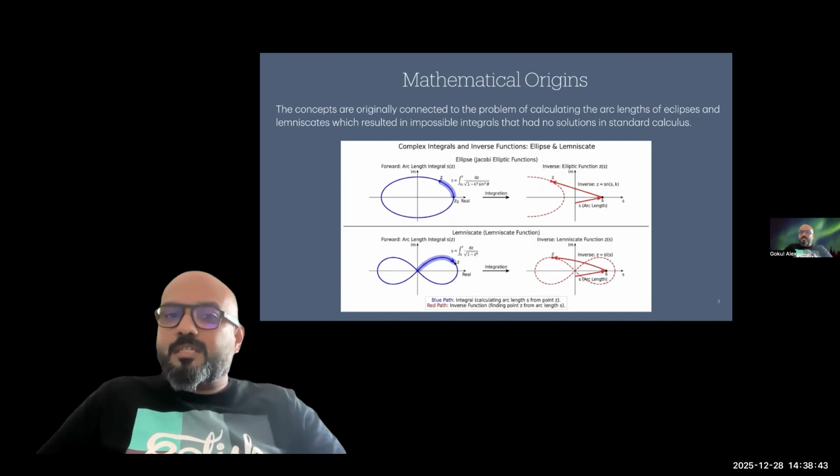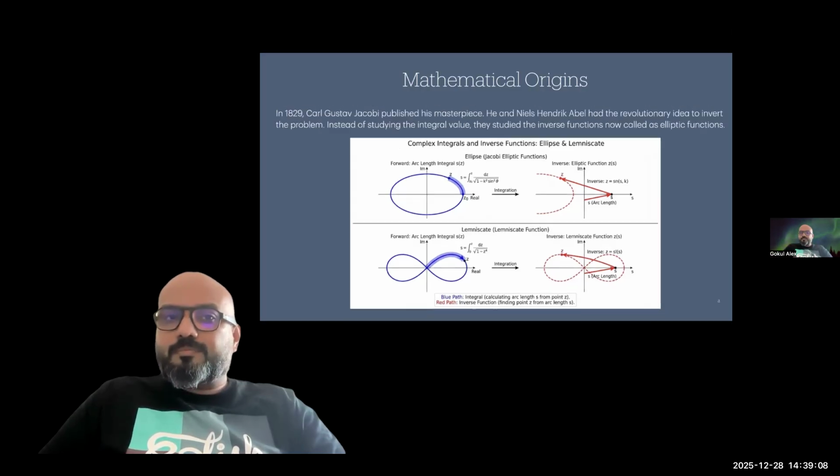As you see here, the arc length integral is relatively complex. Instead of computing the integral directly, both Jacobi and Abel came up with a method for computing the inverse functions. Let's try to understand the core concept behind these inverse functions.